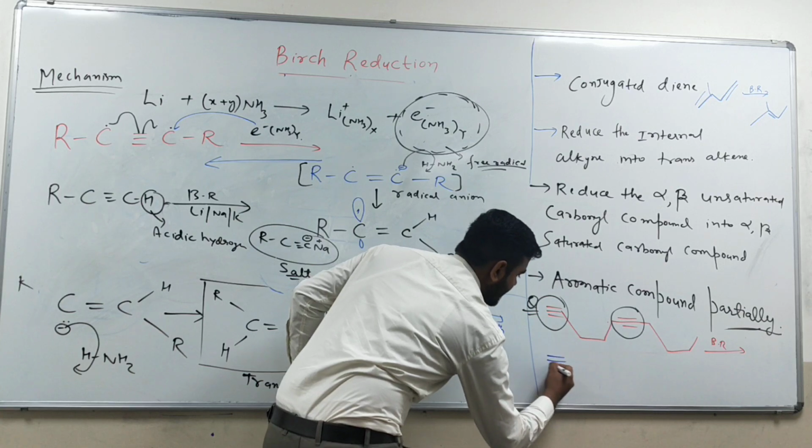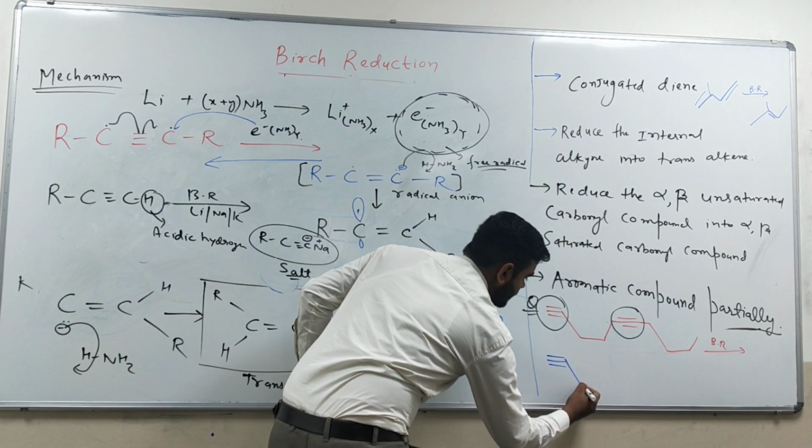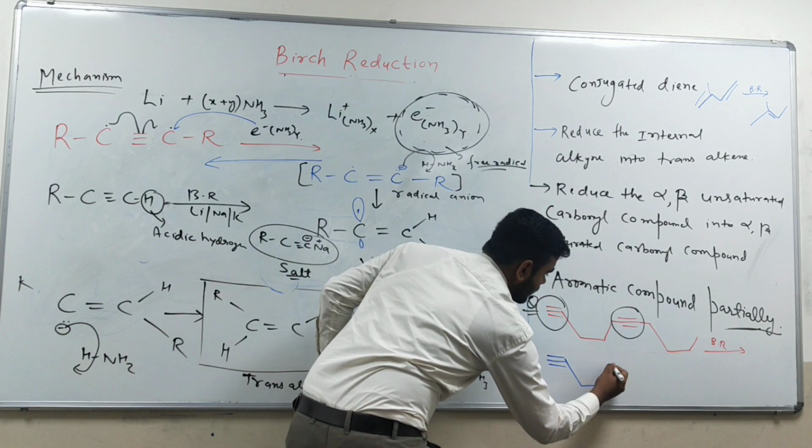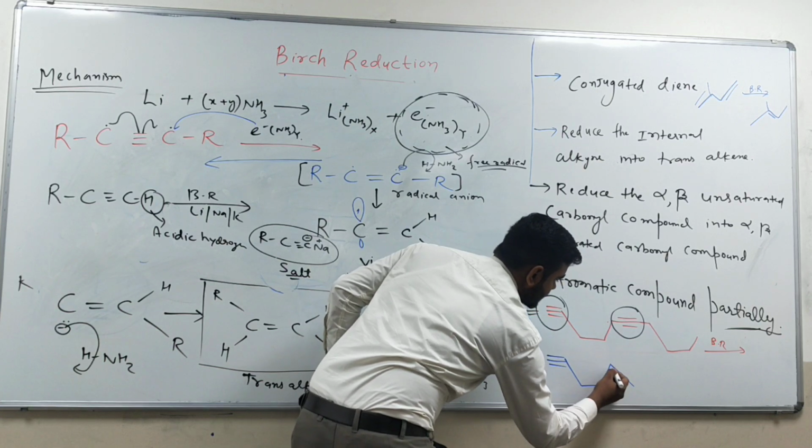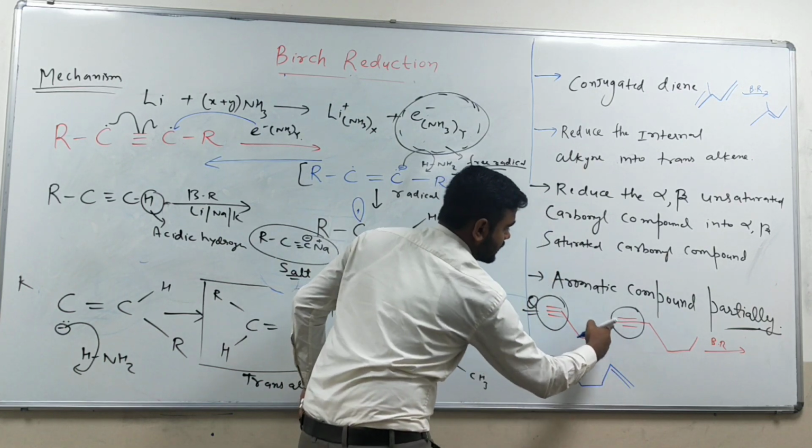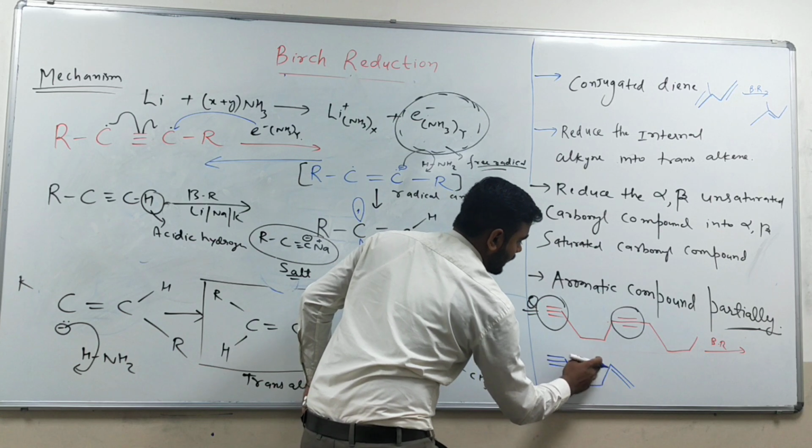So this part will remain the same: 1 carbon, 2 carbon, 3 carbon, 4, 5, 6. Here again attached with this one, 1, 2, 3, 4, 5.